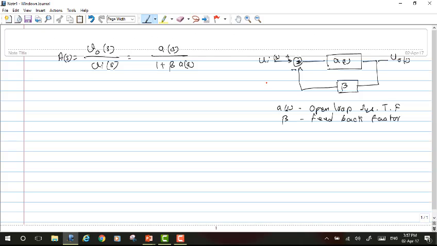So now that I have recreated what I've discussed in the slide over here, my capital A of s represents my closed loop transfer function, which I normally say as CL, as a short form that I'll be using throughout this video. And here the A of s represents the open loop transfer function, and in short I will be calling it OL, and the beta is going to be a purely resistive network, which means that it doesn't have any poles or zeros in it.